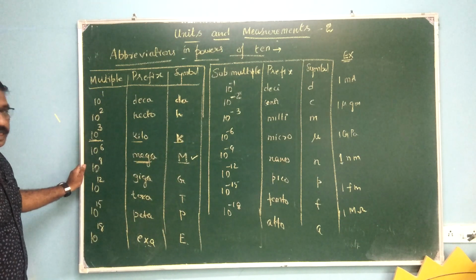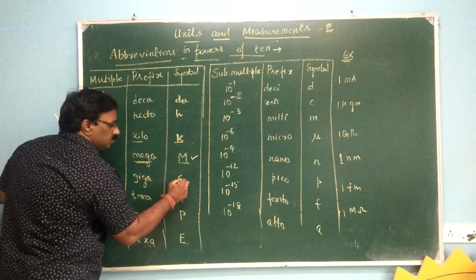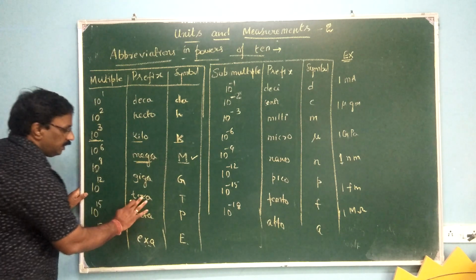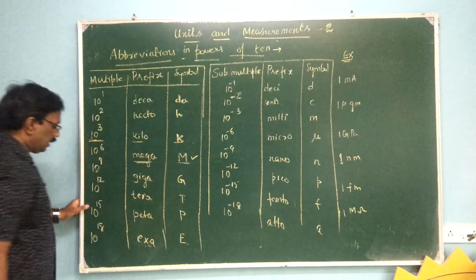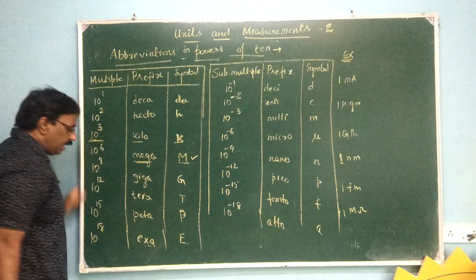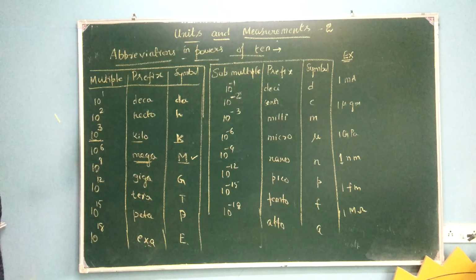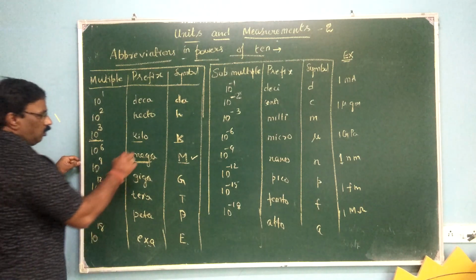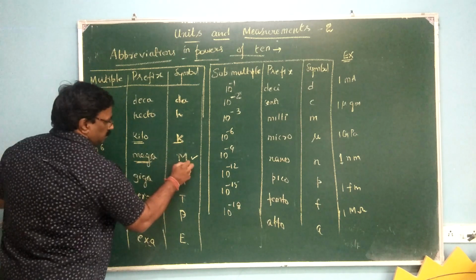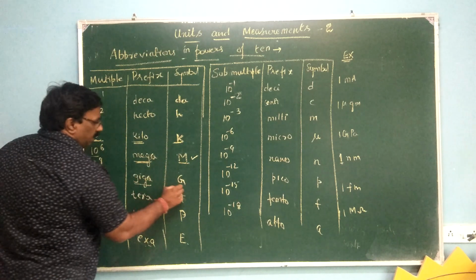10 power 9, giga, G, and 10 power 12 tera, it is T. 10 power 15 peta, it is P, and 10 power 18 exa, it is E. Mostly we use kilo, mega, 10 power 9 giga.